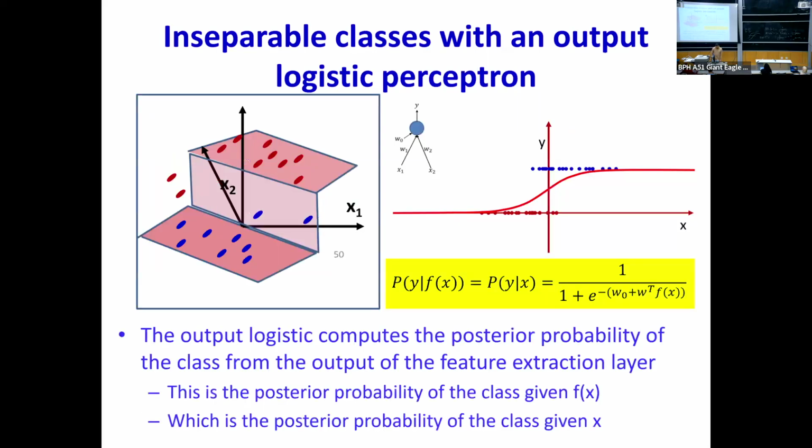And so if you have inseparable classes with an output logistic perceptron, the output logistic computes the posterior probability of the class from the output of the feature extraction layer, which is the posterior probability of the data given f of x, right? And again, in the most generic case, if it's a one-to-one function, then p of y given f of x is basically the same as p of y given x.